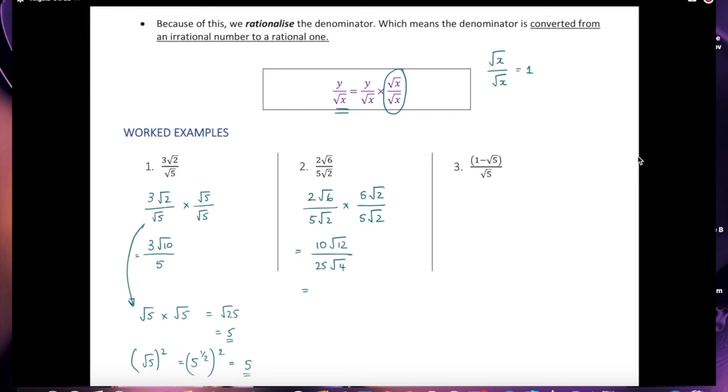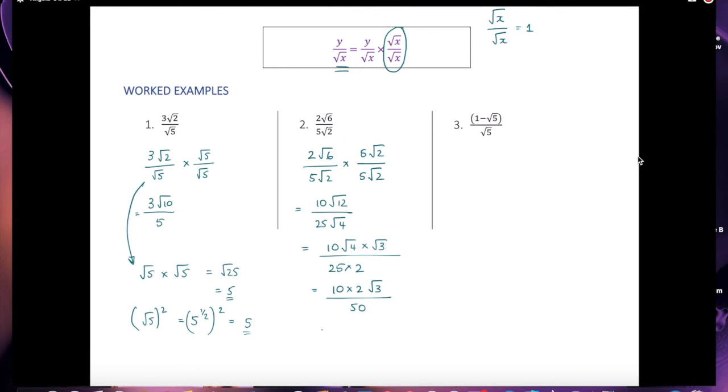Simplifying my numerator again, I'm going to have 10 times root 4 times root 3, and then that'll be 25 times 2. Simplifying this, I've got 10 times 2 root 3 on 50. Simplifying further, I've got 20 root 3 on 50, which will simplify to 2 root 3 all on 5.